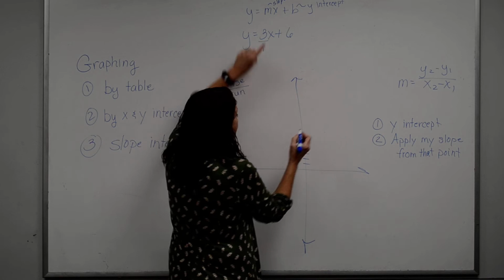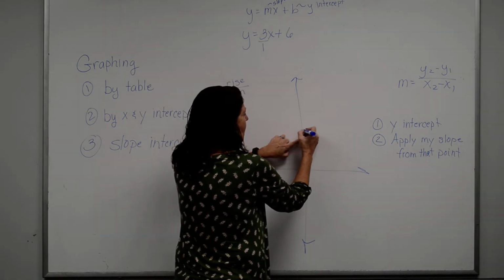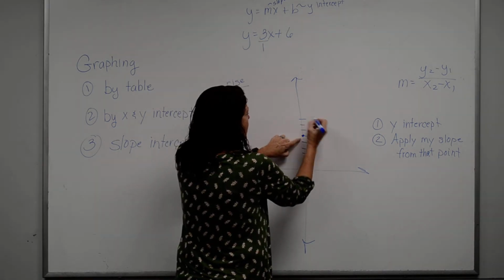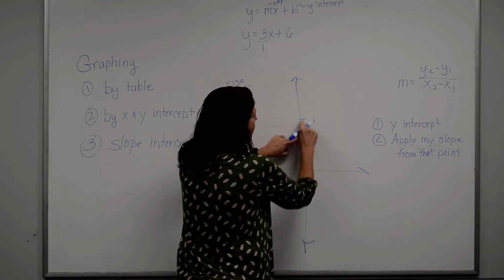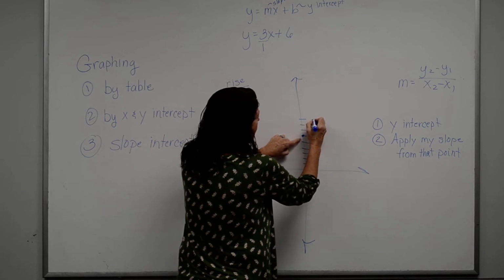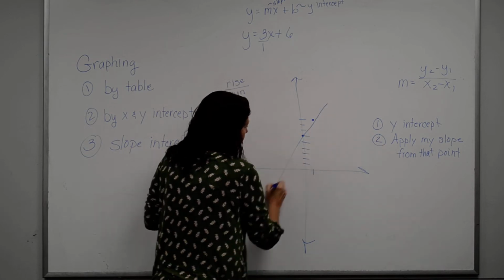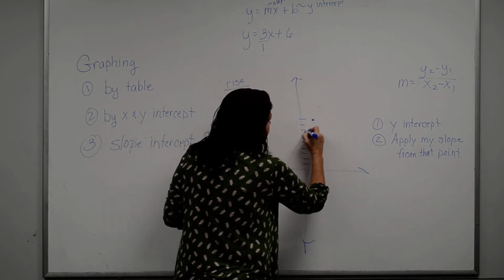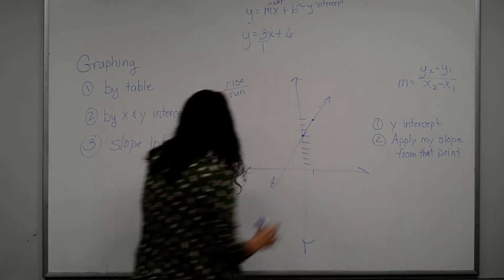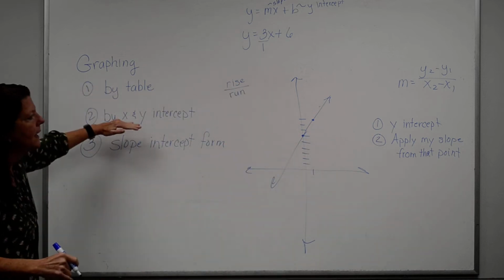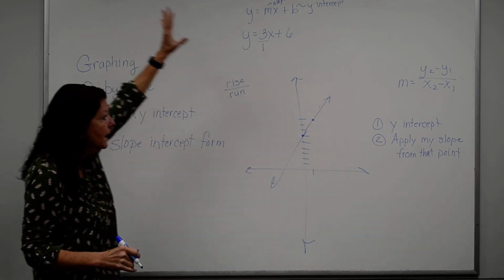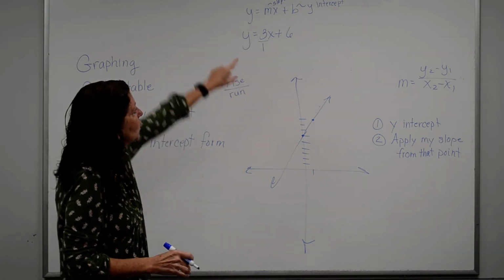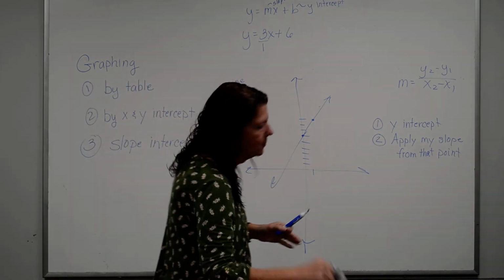So I'm going to go up 3 from this point, 1, 2, 3, and I'm going to go over to the right 1. Missed my point, but that is the exact same line that we got when we graphed it this way and we graphed it this way. But it is way easier to graph it through slope-intercept form.